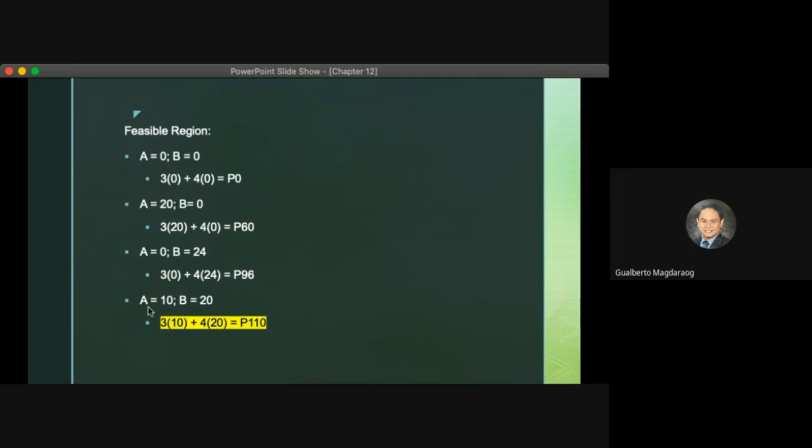But if we produce 10A and 20B, we will get a contribution margin of 110. So therefore, the appropriate combination of producing product A and B is 10A and 20B to earn a contribution margin of 110.